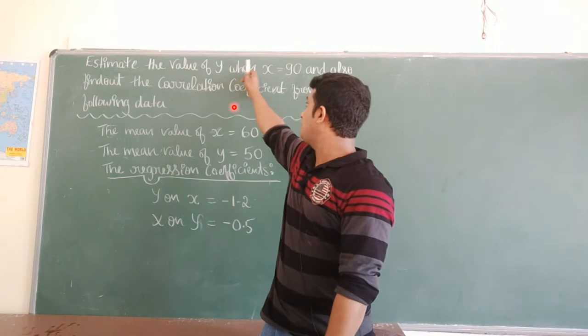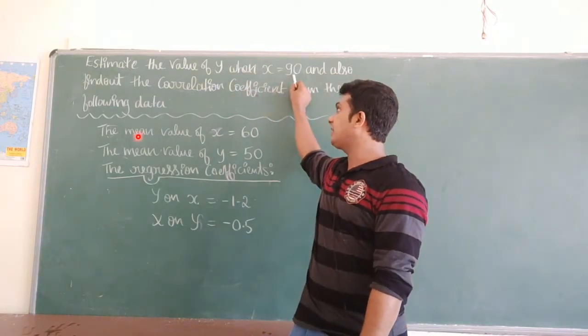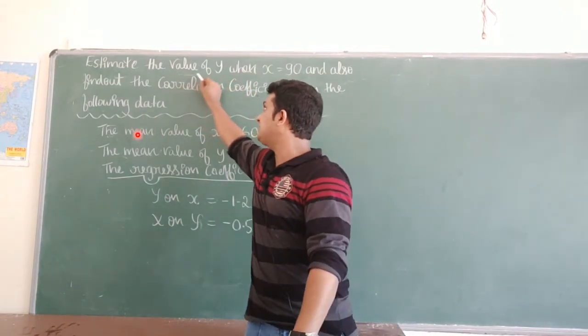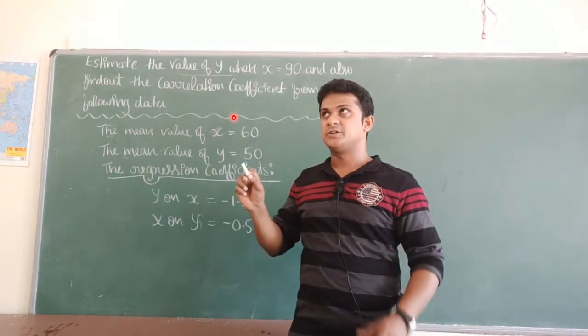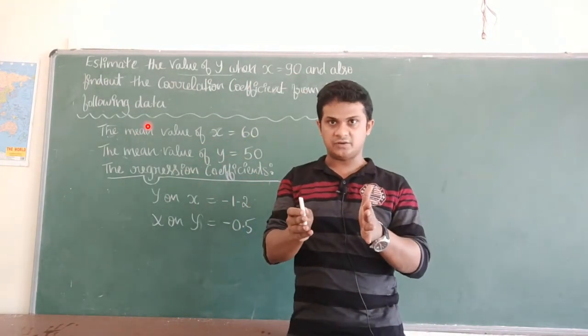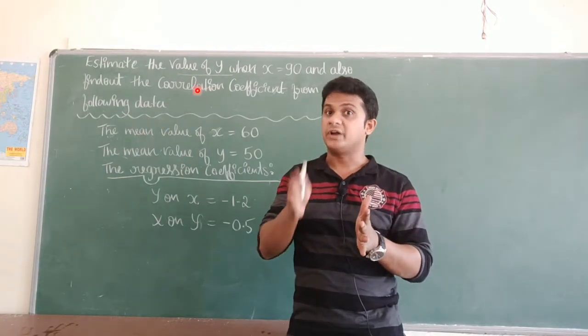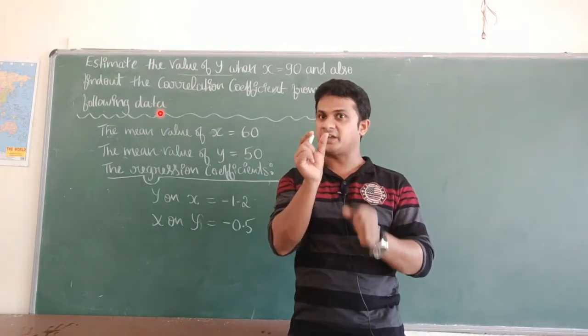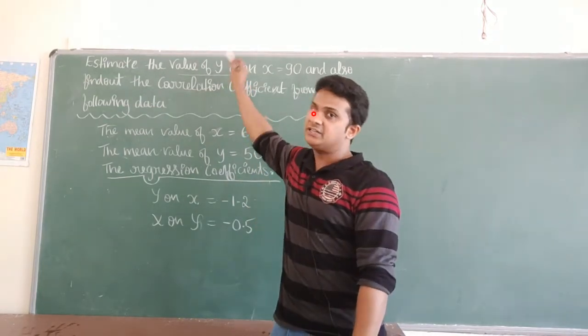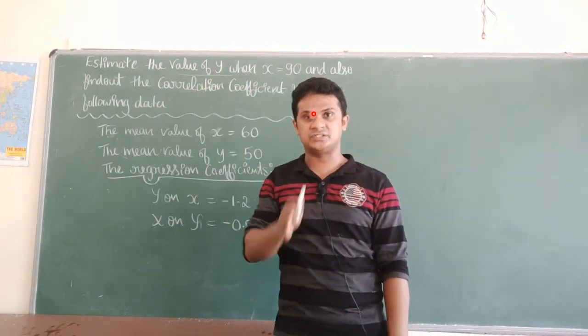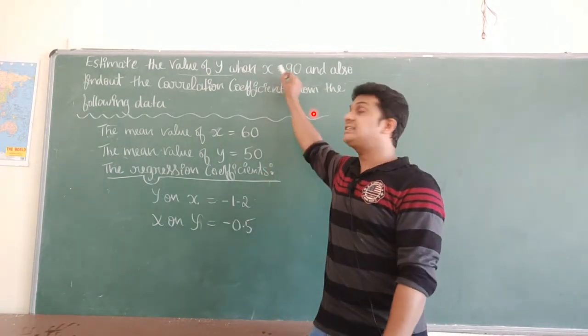Estimate the value of y when x is equal to 90. So we need to estimate the value of y. Which equation do we have to use? We have to use the y on x equation because we need to find the value of y, right? So y on x equation is the equation that we need to estimate, and the x value is 90.